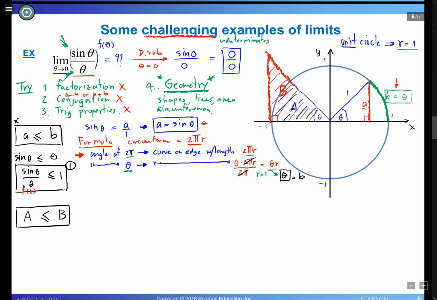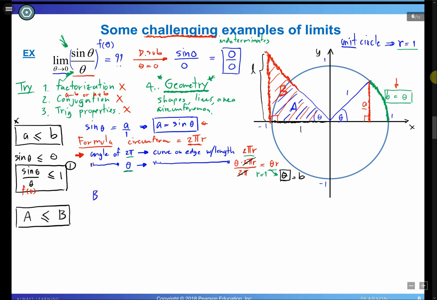Let's assume that the side over here, the height of this triangle, is small l. And for the base, you know the base, the radius of the circle, is going to be 1. So one thing we know for sure is that the area of this big B is going to be 1/2 times base times the height. So let's work on that.